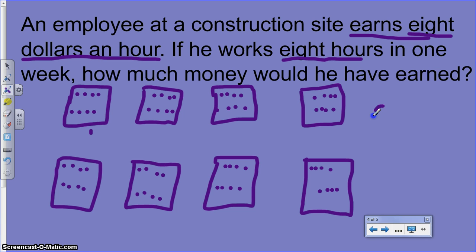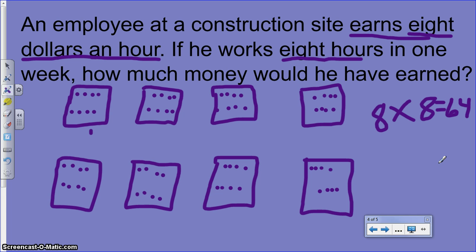So we have 8 hours times $8 per hour, and that's going to give me $64. 8 times 8 is 64.